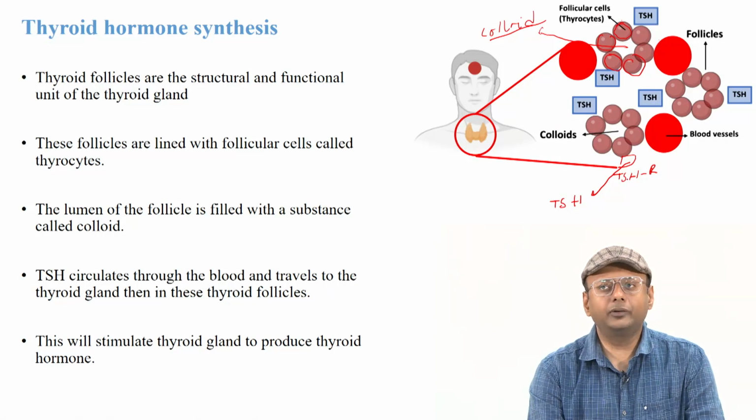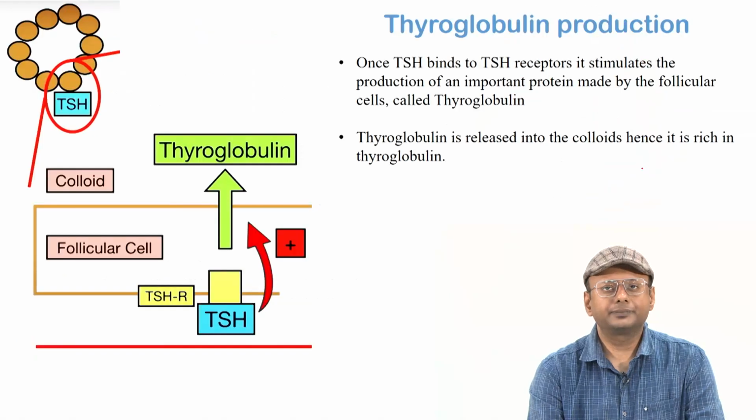And once it is bound with the receptor, the TSH starts the production of thyroglobulin followed by the different thyroid hormones. So let us see how this synthesis happens step by step.